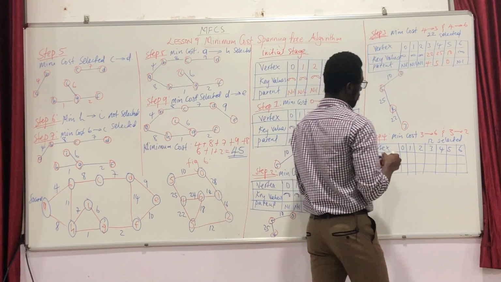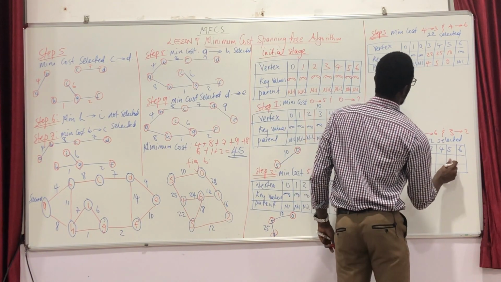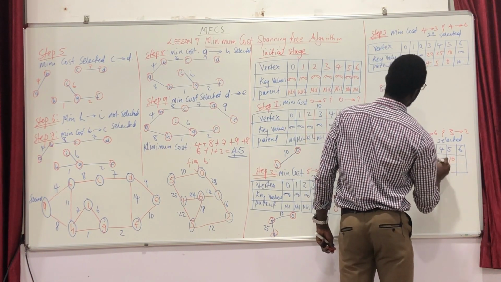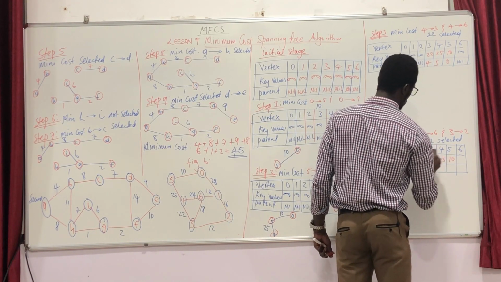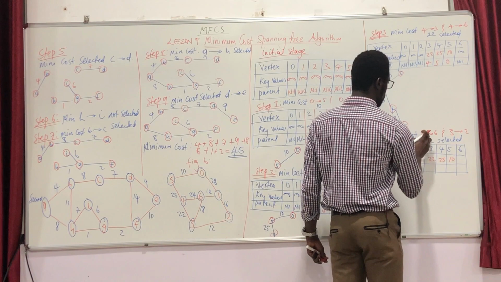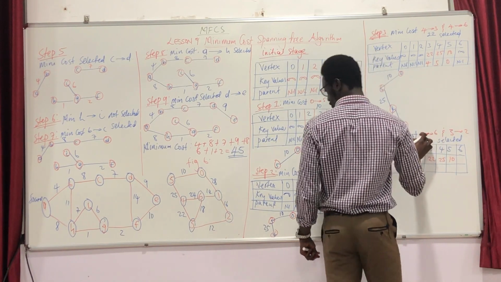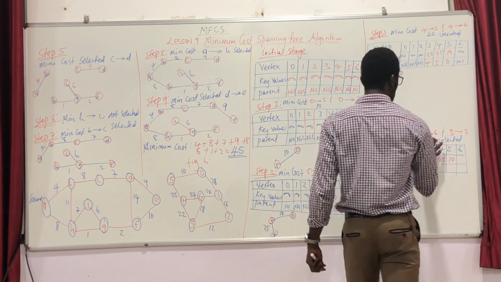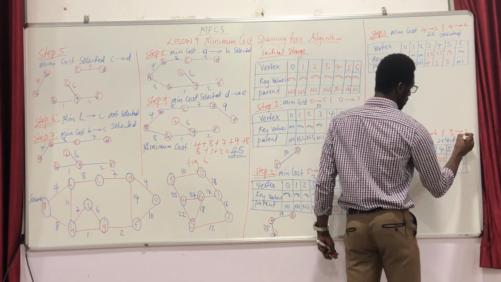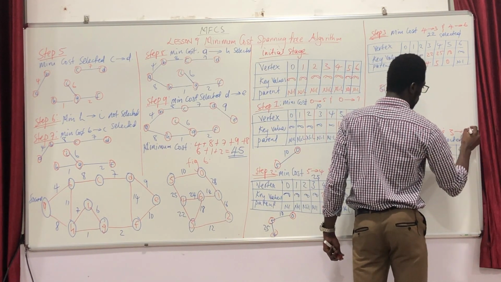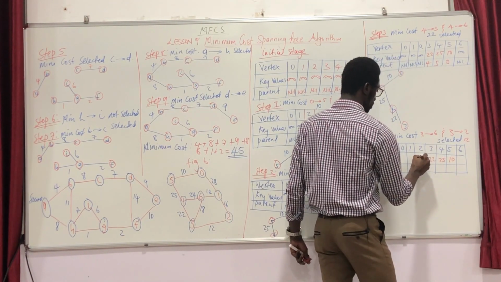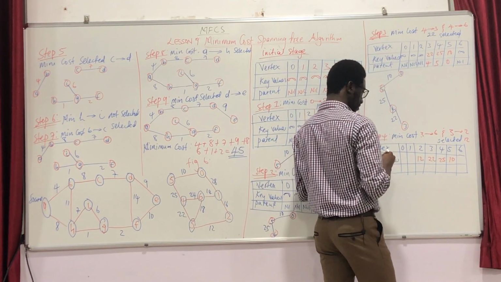Okay. So we have here 10, 25, 22. Then now we have 3 to 2. 3 to 2 is selected, which is 12 here. 3 to 2, this is 12.